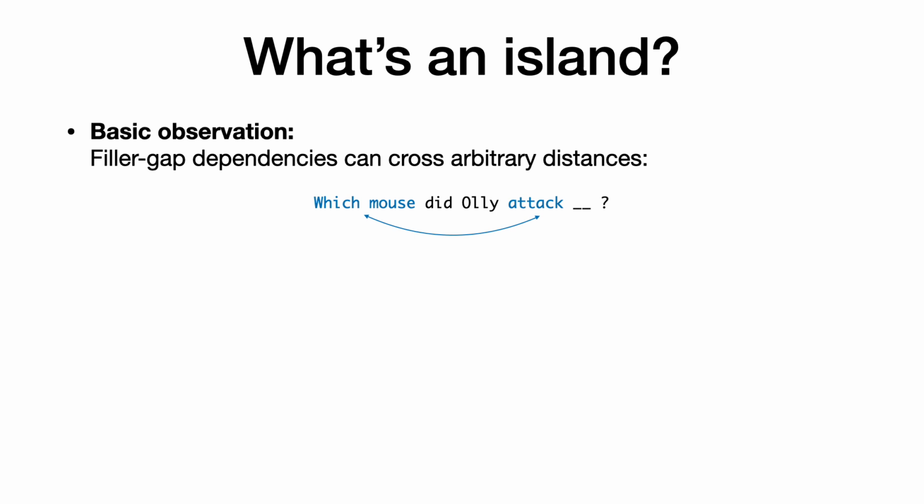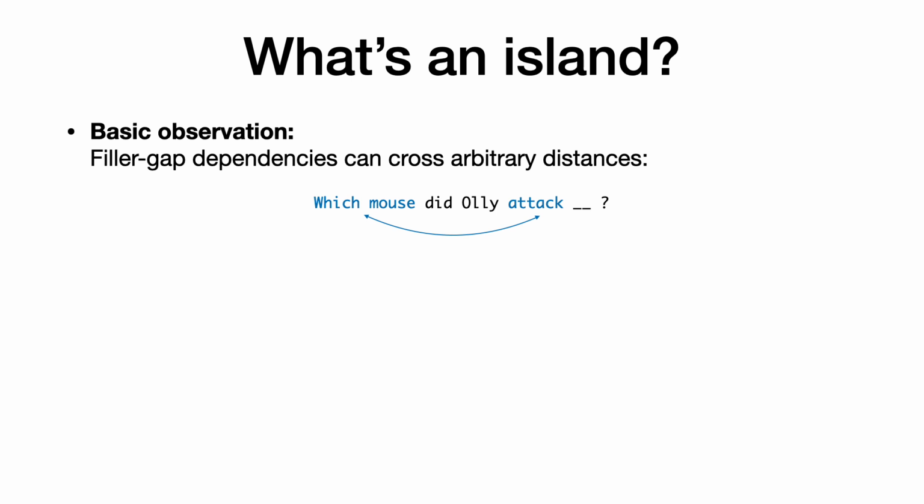In that sentence, attack is a verb and mouse is its object, but mouse does not appear in the typical place you would expect to see the object. Usually, the object of the verb attack comes afterwards, but in this particular sentence, mouse comes at the beginning of the sentence, and we need to somehow understand that the mouse is the thing that's being attacked.